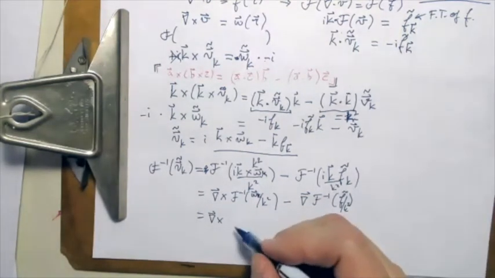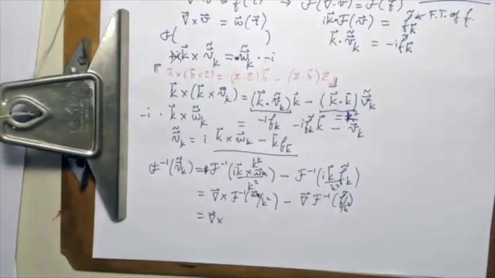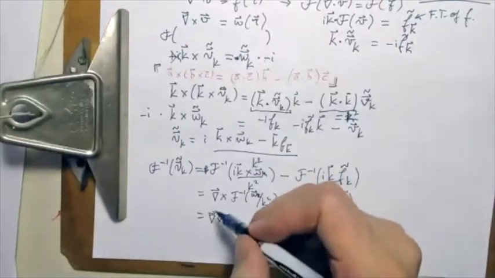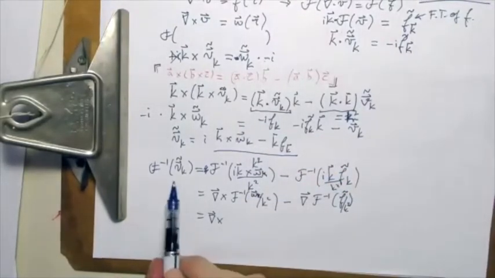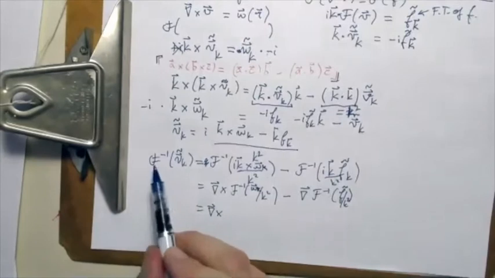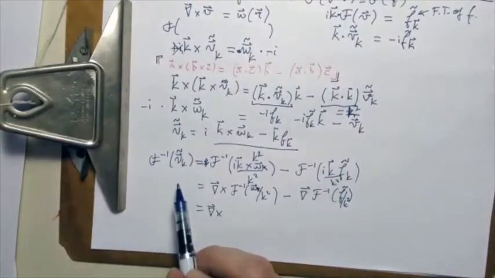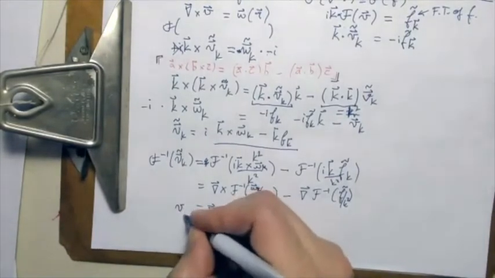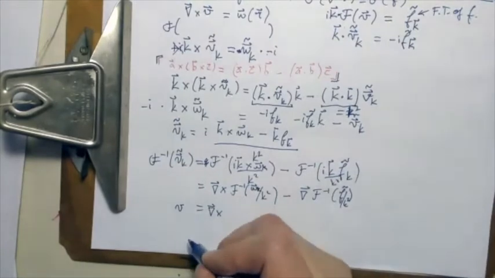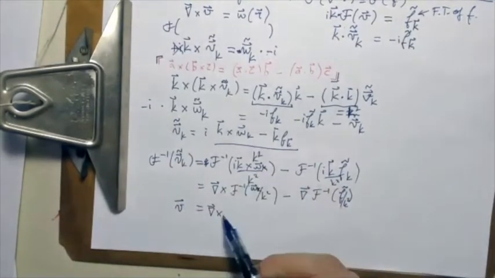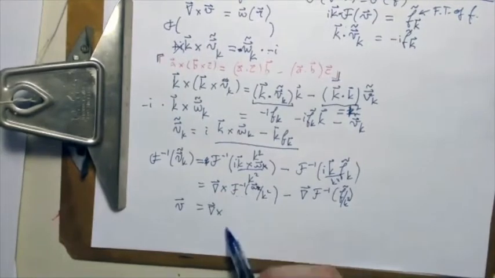Yeah, that becomes a little hard to write. Hang on a second, I was trying to take a shortcut. Okay, so let me see. So this over here is the original, right? Because we take the inverse transform of the transform. So this is our V, that's the original field V. And this is the curl of that field.